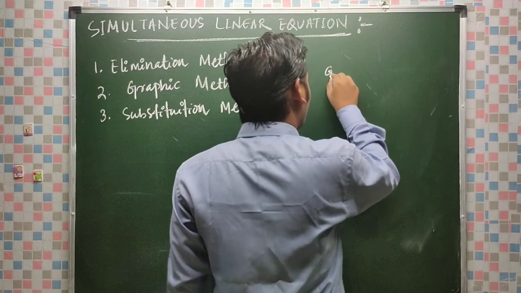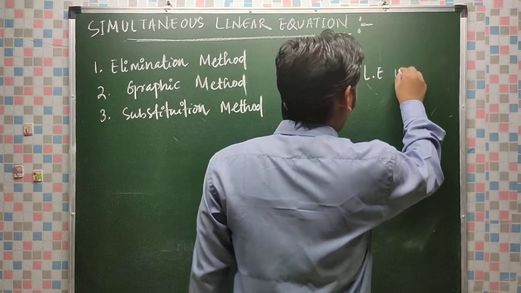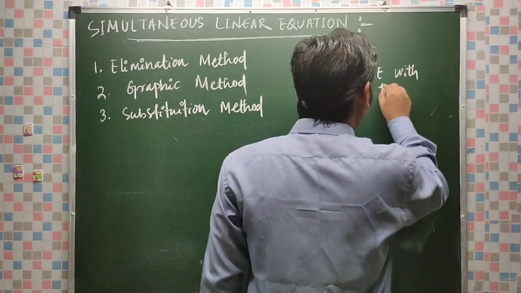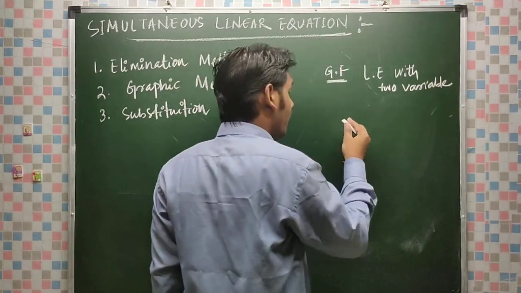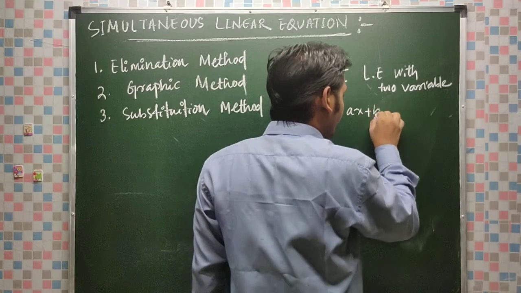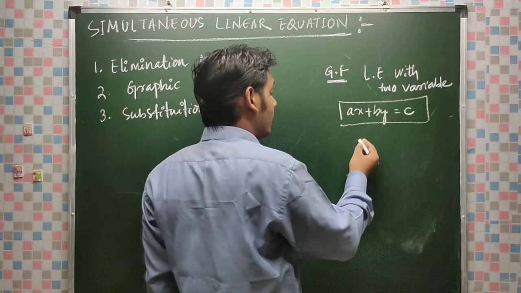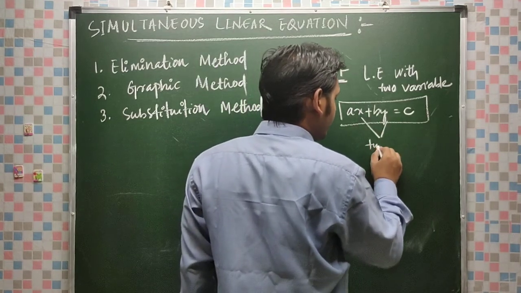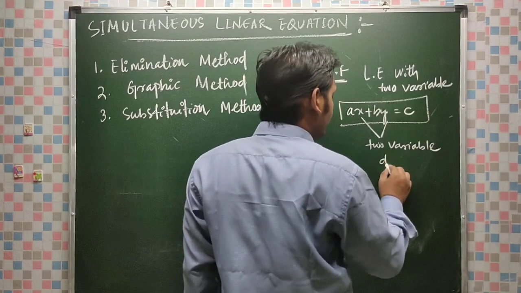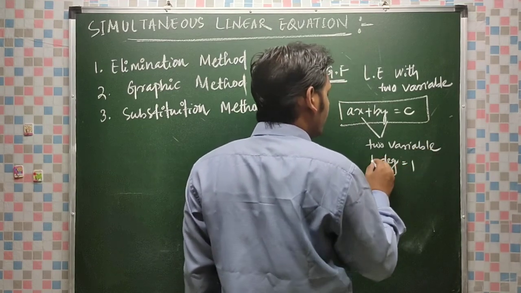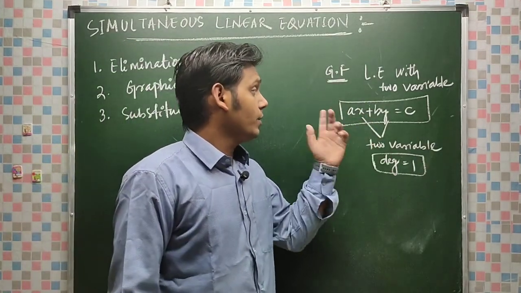The general form of linear equation with two variables is ax plus by is equals c. Here you can see two variables are there, x and y. But remember, the highest degree of the equation must be 1. Then it can be said to be a linear equation with two variables.